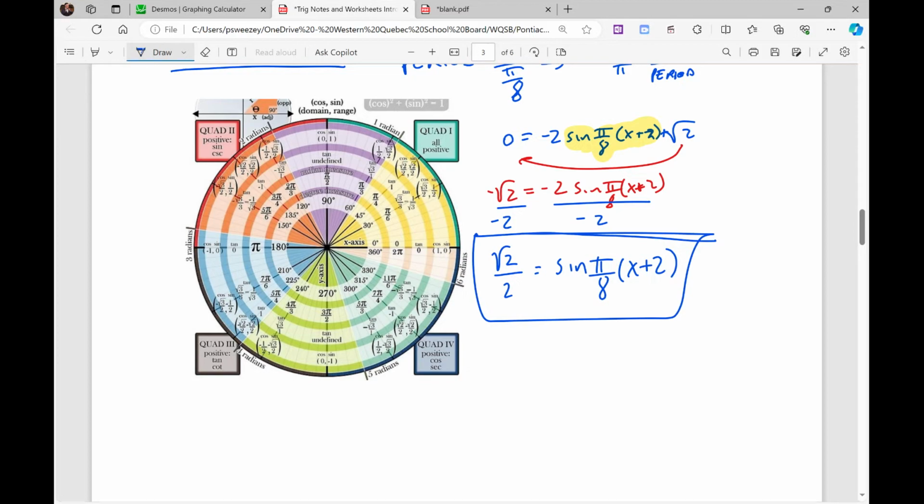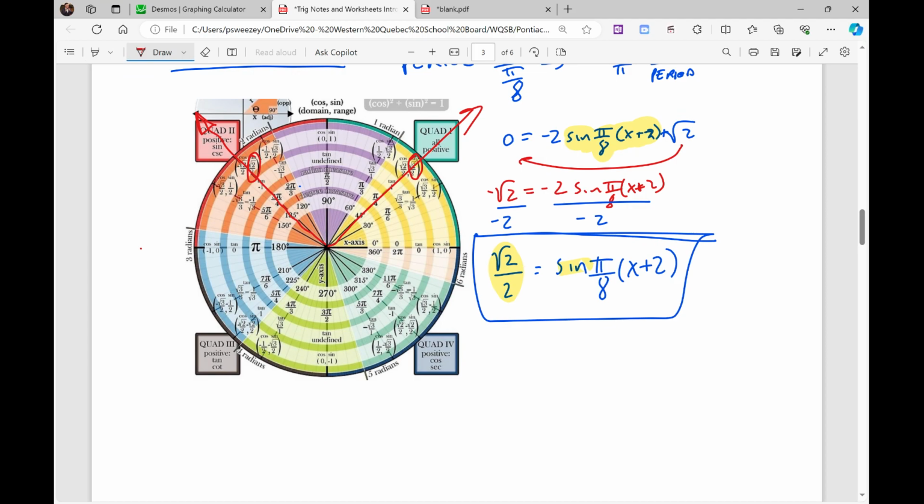So at this stage, we're going to look for any sine values that are positive square root of 2 over 2. So let's look through here. I found 1. I found 2. That means the two angles we just found are right there and right there, in quadrant 1 and quadrant 2.